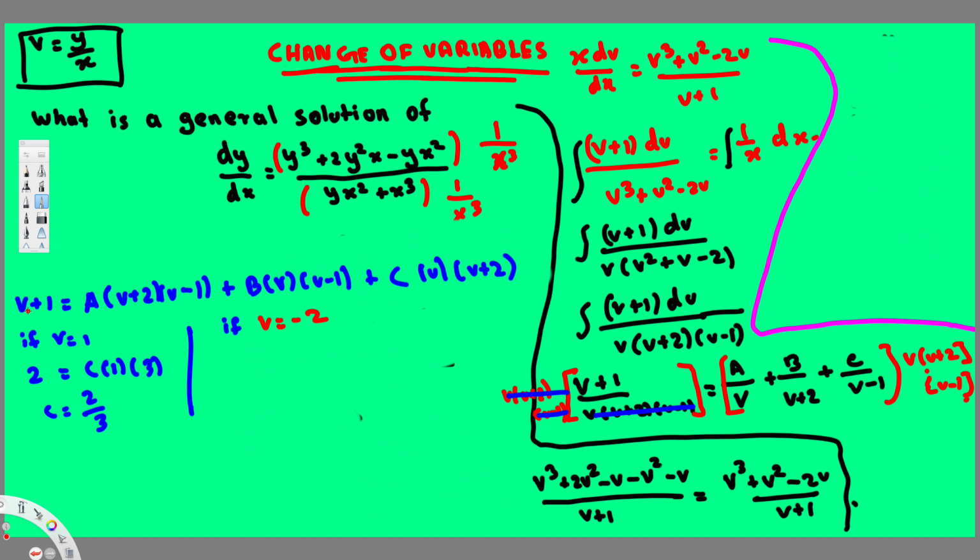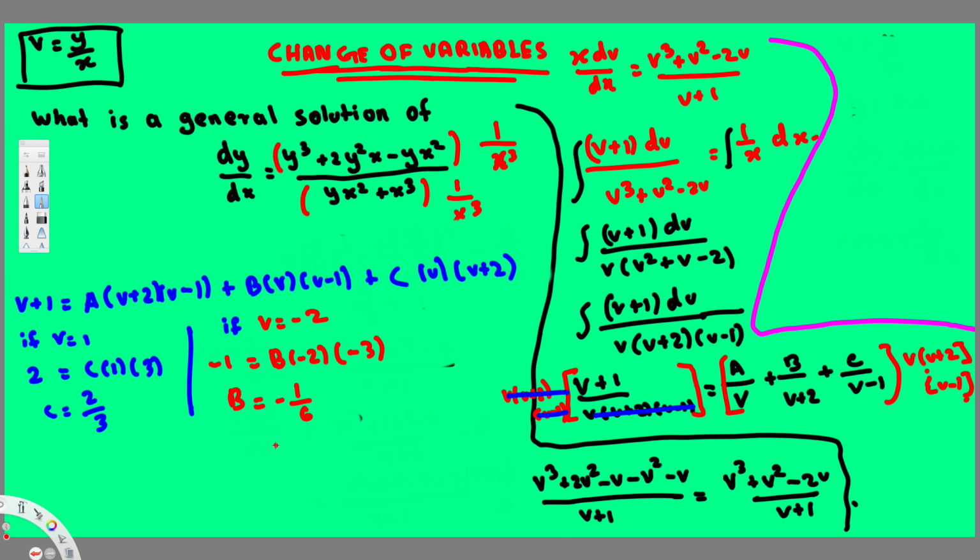Now if I put negative 2 for this one, this is going to be negative 1 is equal to, we are going to have this b alone. So b times negative 2, negative 2 minus 1, that's going to be negative 3. So this is going to be positive 6b. Therefore b is going to be negative 1 over 6. Now we found the b value.